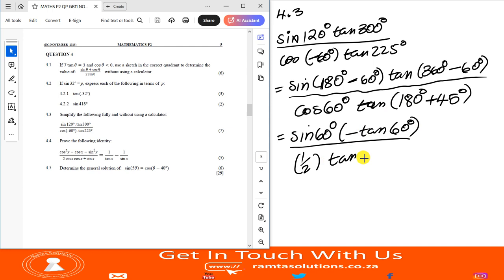It's positive, so it's tan 45 degrees. Now, sine 60. If you use your calculator at this point, it's okay. It'll work. So sine 60 degrees, what is it? It is root 3 over 2.